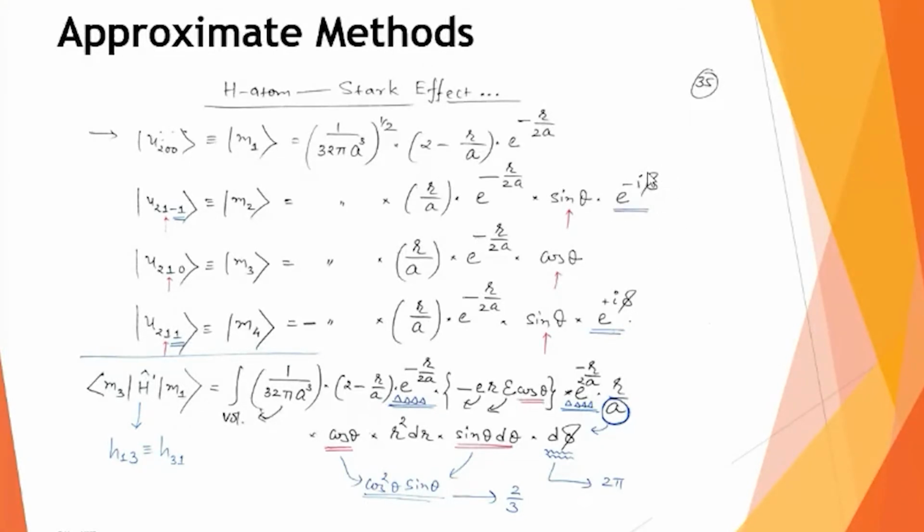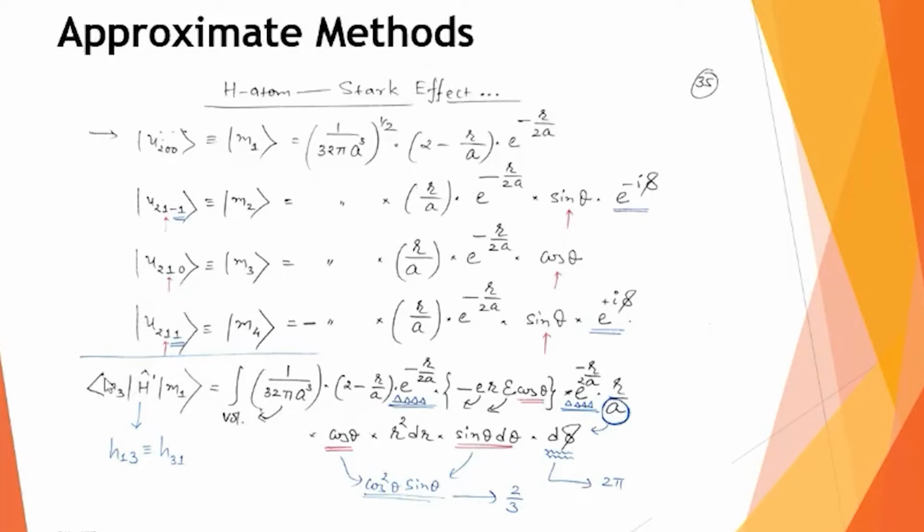So e raised to i phi type of term will be present whenever M is other than 0. Anyway, these are the first excited state functions for the hydrogen atom for different quantum numbers: 200, 211, 21 minus 1, 210, and so on.